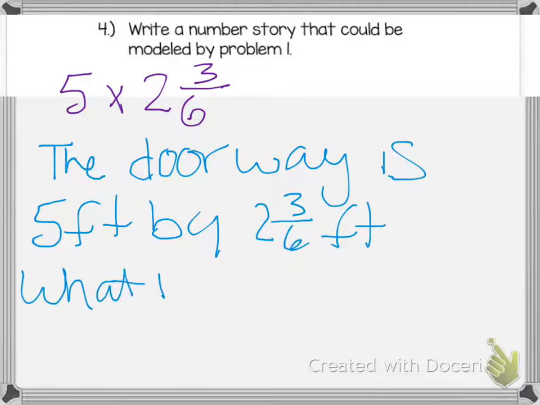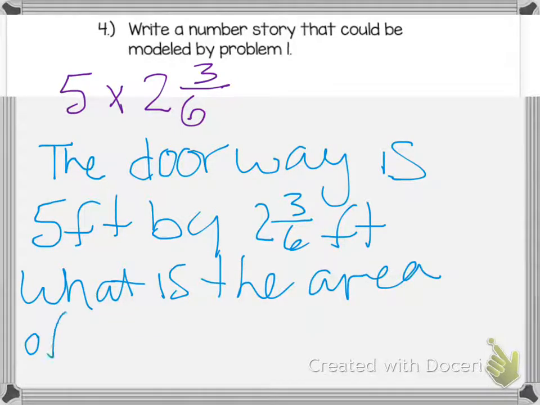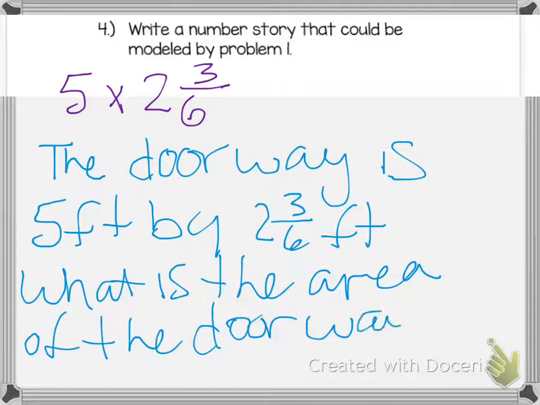What is the area of the doorway? And why I did area is because we can do length times width.